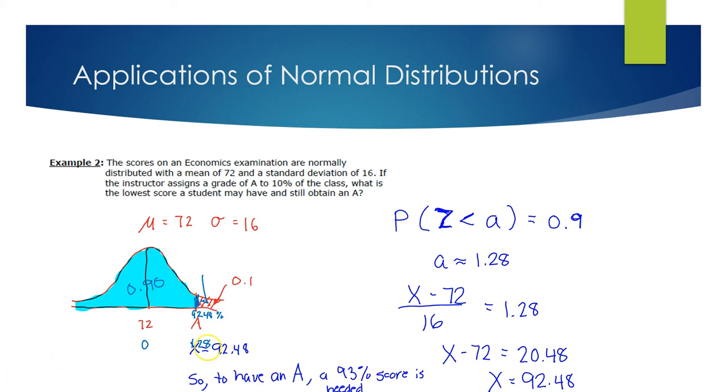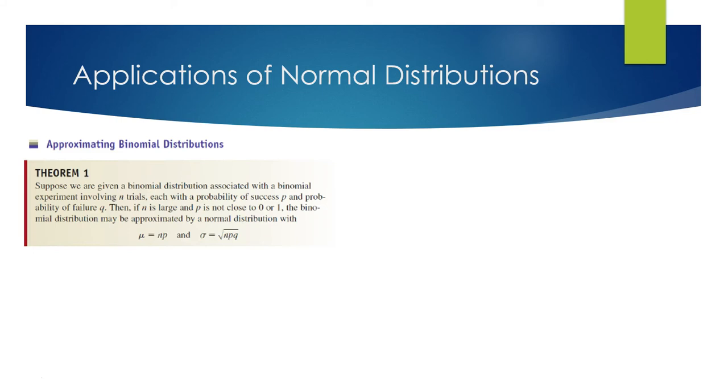Now for the next example we're going to look at a circumstance where we are going to approximate a binomial distribution by using a normal distribution. We've already talked about the fact that the mean of a binomial distribution is calculated by doing n times p, and the standard deviation is calculated by doing the square root of n times p times q.